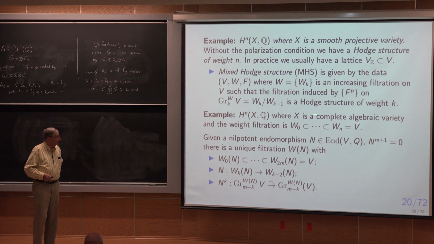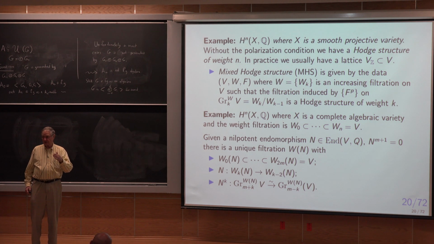When you go to studying degenerations of algebraic varieties, an additional linear algebra construction comes in. This comes out of monodromy. I'll explain that in a minute, but here you should be given a nilpotent endomorphism, and given a nilpotent endomorphism of a vector space, that gives a unique increasing filtration of length 2m, where m plus 1 is the index of nilpotency.